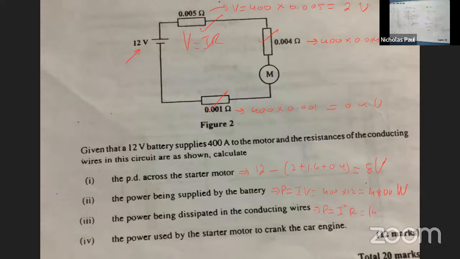So I is 400 squared, by R, which is what? 0.01. R is the total resistance, right? So you have to add up all of them, which gives 0.01.